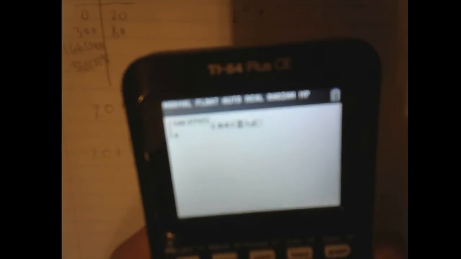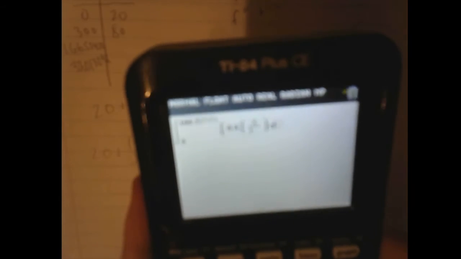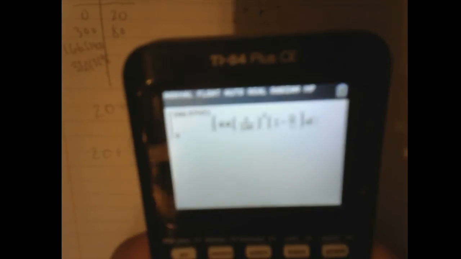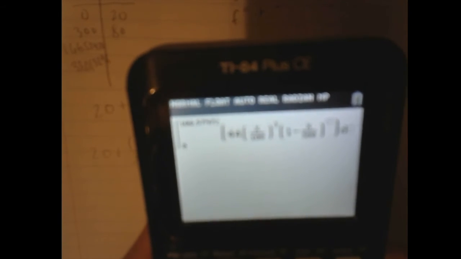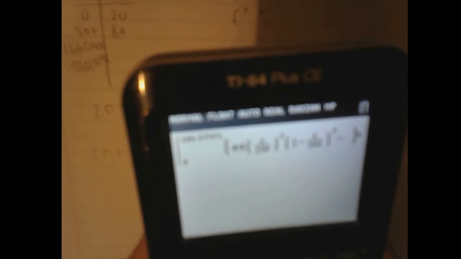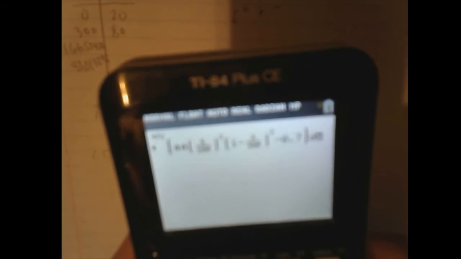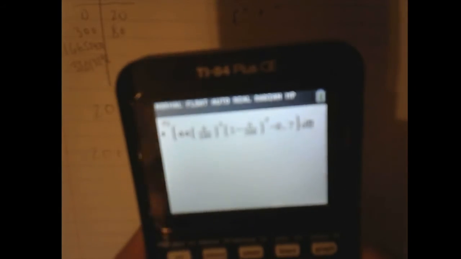We're going to use x as our variable. It's over 100 cubed times 1 minus x over 300 to the 7th, then subtract 0.7 dx.